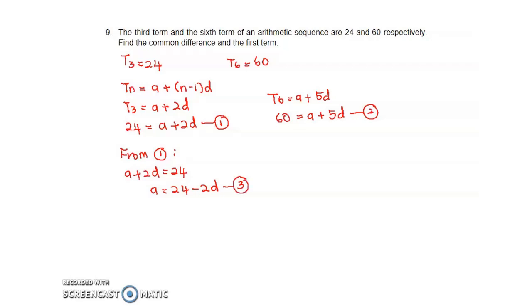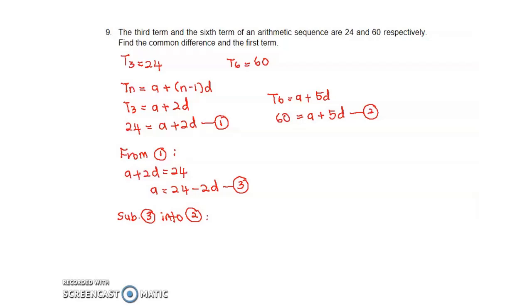Once we get A equal to 24 minus 2D, we substitute. This is what is meant by the substitution method. Substitute equation 3 into equation 2. This one you derived from equation 1, so make sure you substitute it into equation 2.